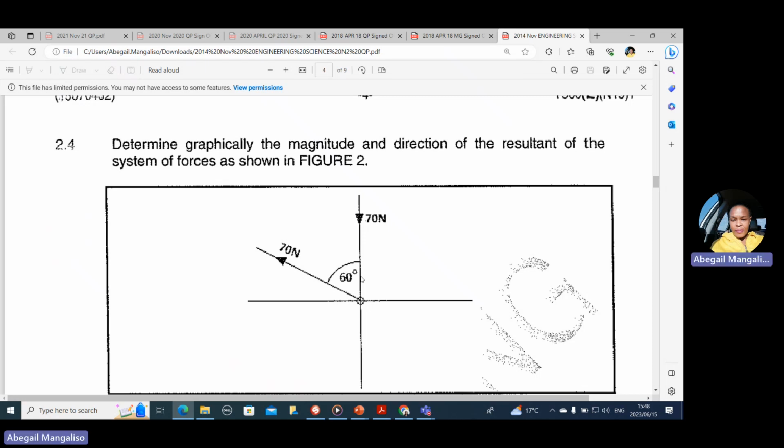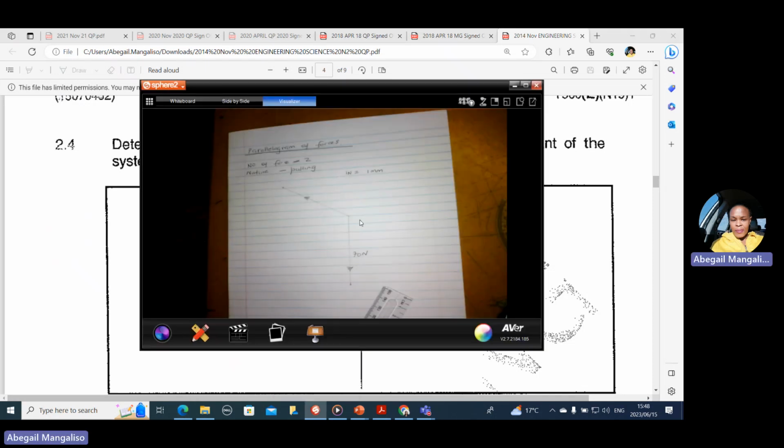Then I'll draw a line. The magnitude of the second vector is also equal to 70, so these two are equal. I'll draw a line through that dot, which is also equal to 70, and an arrowhead that represents the direction. This is the second line, which is 60 degrees from the vertical.